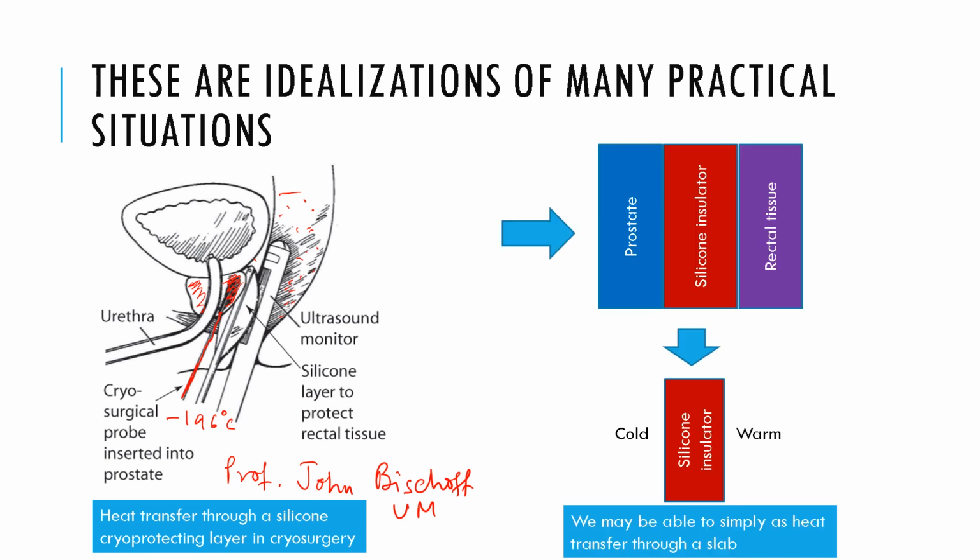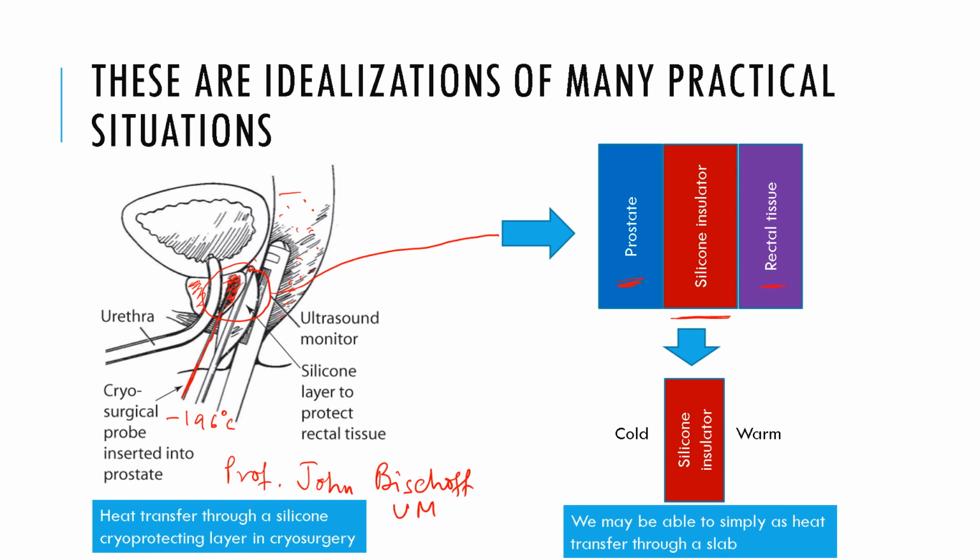So this complicated situation can be simplified as you have a prostate on one side that needs to be frozen, and then good rectal tissue on the other side that needs to be protected, and in between you have the silicone insulator.